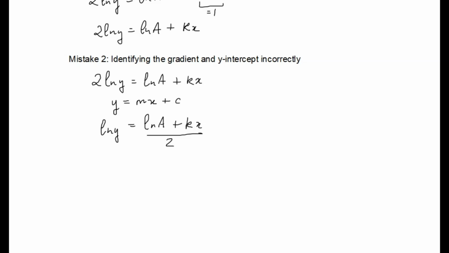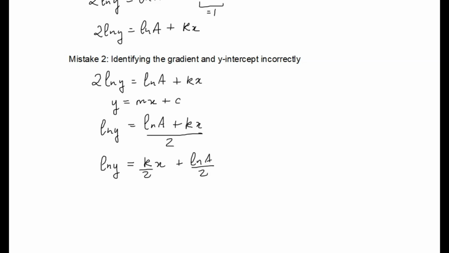Right, now we're going to neaten this out further so that it makes sense to us. So log y, and we're going to split this up into 2 terms because the right hand side has an mx and a c. So we're going to write that as k by 2 x plus log a by 2. So we've split it up, used 2 as the denominator in both cases, and written the x term first.